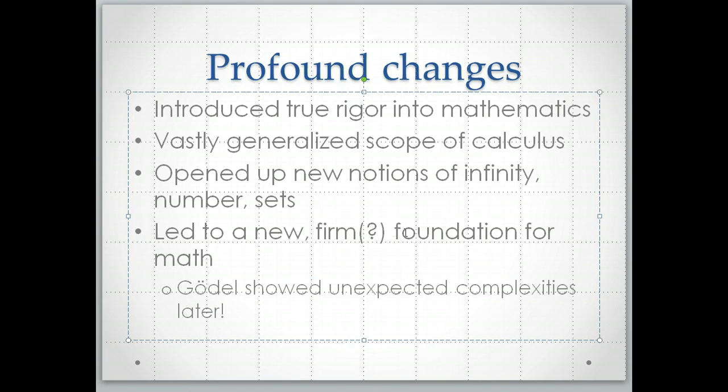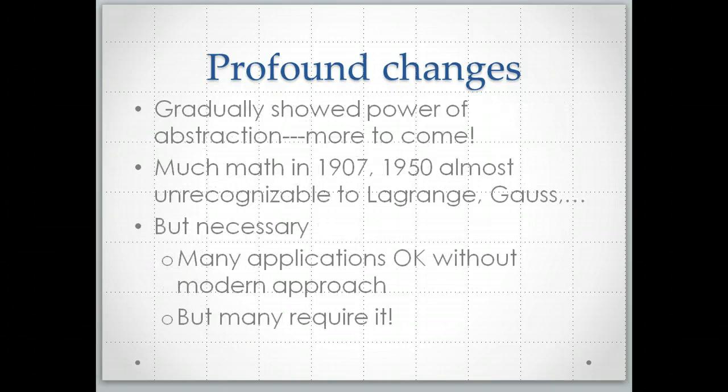That when you look at this phrase, foundation for math, it's inescapably super tricky and complicated. But nobody would have ever discovered that without first getting it as firm a foundation as possible. So that really comes out of this story as well.